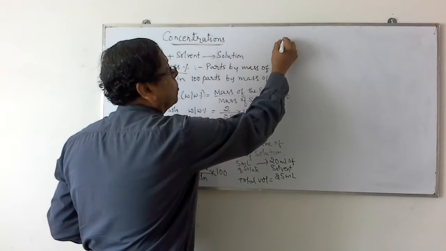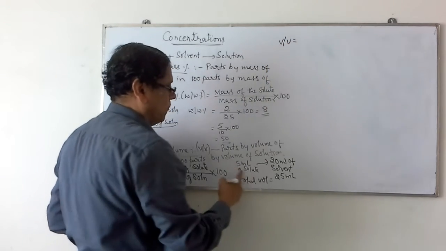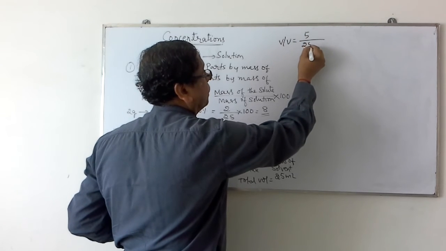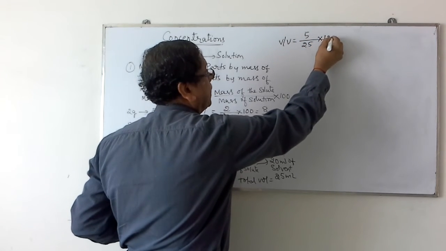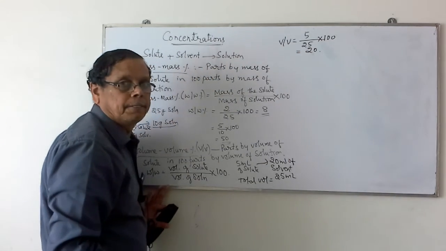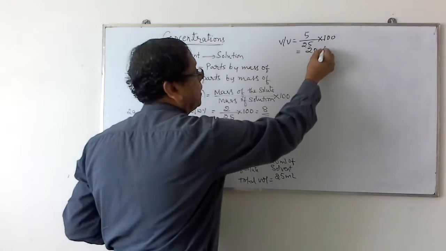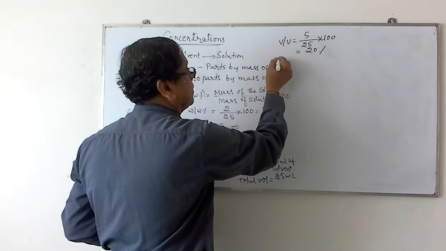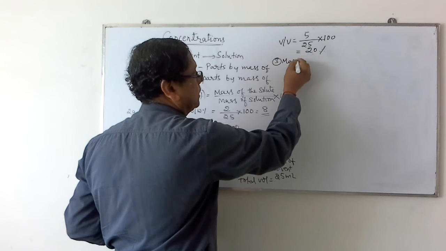Therefore volume percent is equal to 5 ml divided by 25 ml of the solution multiplied by 100. It is 20% by volume.